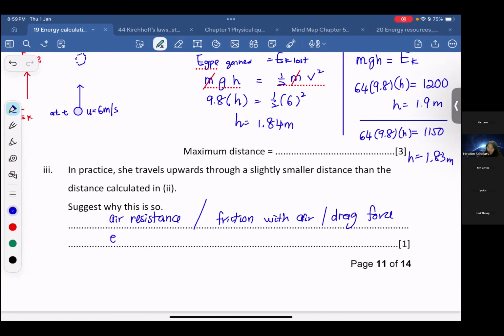Thermal energy produced. Energy loss due to air resistance. Here, maybe we say energy loss due to air resistance, or friction with air, or drag force.